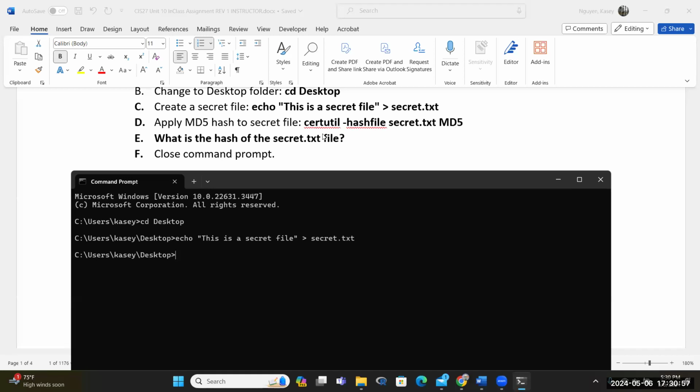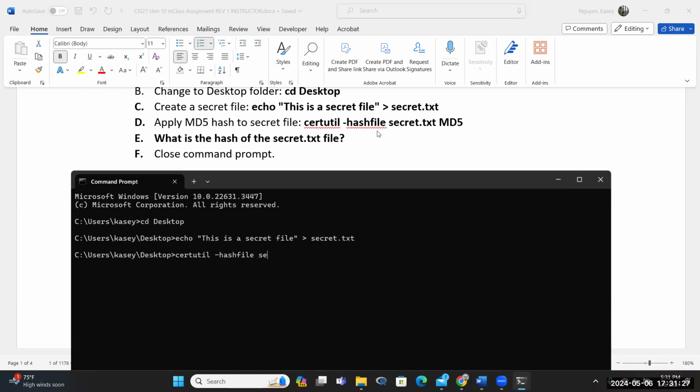Certutil is simply the command to activate it, and with the hashfile option, it knows that you are going to create a hash of a file, but you have to use certutil in order to do that on a Windows system. So we're going to do certutil, space, hyphen hashfile.